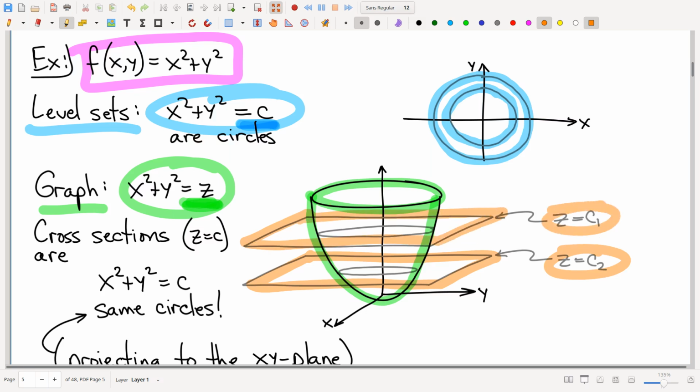And notice when you slice through this bowl, geometrically speaking, when you set this z equal to c, thus resulting in x squared plus y squared equals c, algebraically the same as the level sets, notice these slices are, in fact, the exact same circles that we were looking at there. Everybody happy?